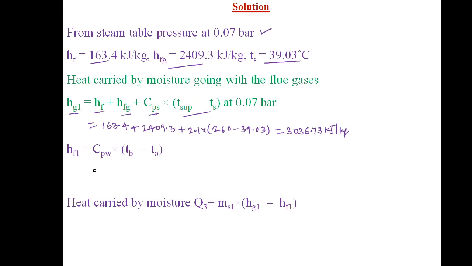Now the enthalpy of water when it is produced in the combustion chamber is obtained by Cpw into delta T. The specific heat of water is 4.1 into the difference with the boiler house temperature.